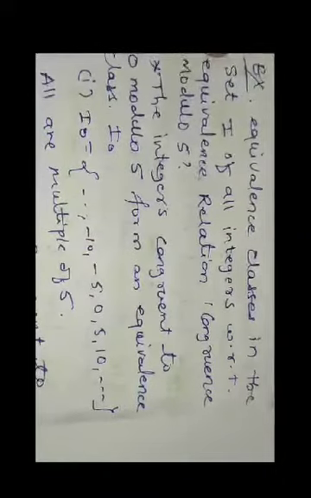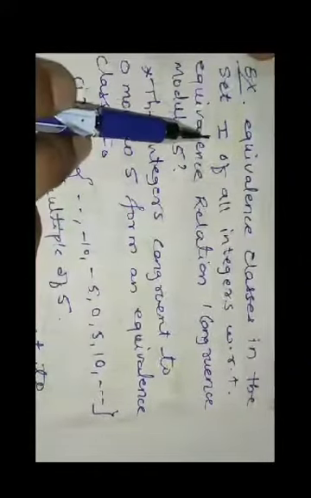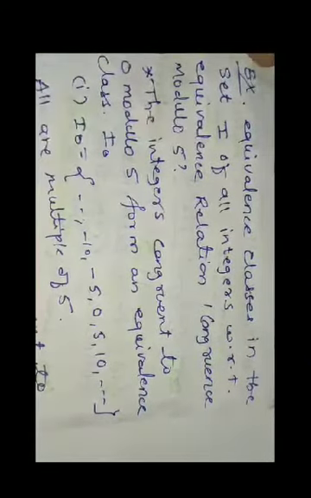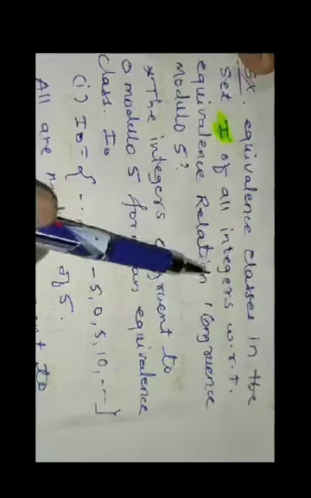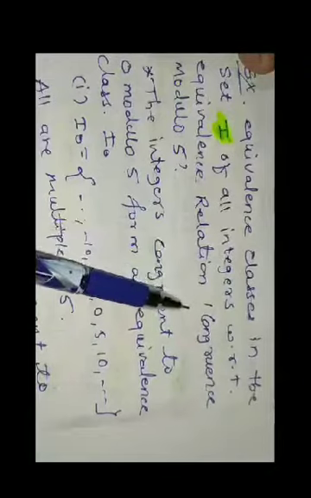We discuss one example. What is meant by equivalence classes and its example? So equivalence classes in the set I. Now we take one set, that is the set of integers I, for our study, with respect to an equivalence relation, and the relation is congruence modulo 5.